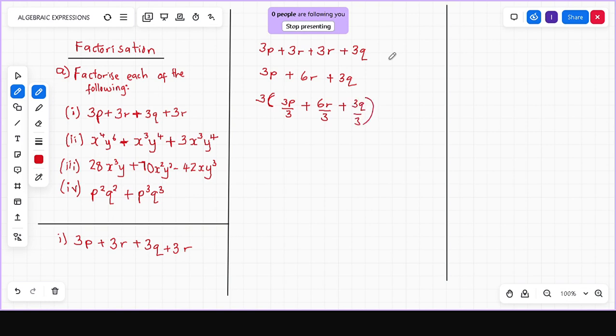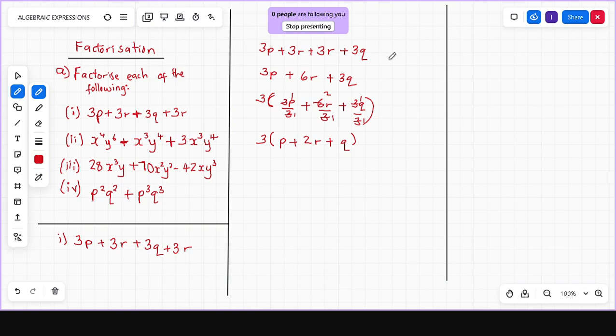But now the common factor, I need to take it outside. So 3 by 3, 1. So the answer becomes 3 into bracket p plus 3 by 3, 2r plus 3 by 3, 1q. And this is the answer.